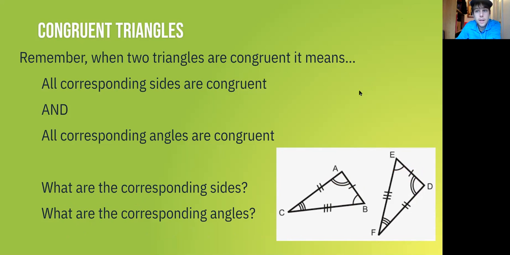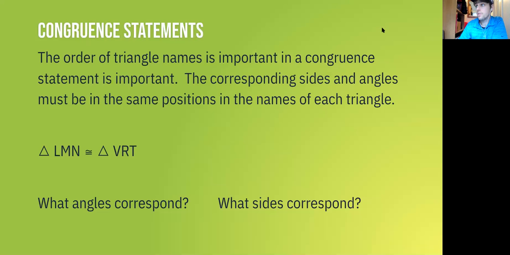All right. Next thing we did was congruent statements. So a congruent statement is like this statement right down here: triangle LMN is congruent to triangle VRT. Really important, the order of the names actually matches up with which parts correspond with each other.